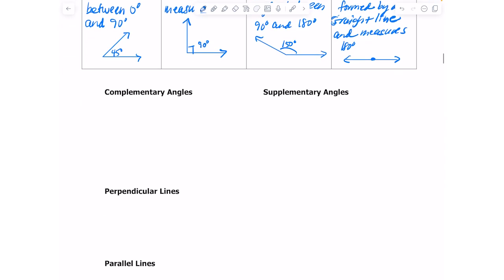Some more vocabulary that's important. We talk about complementary angles and supplementary angles. So anytime you have two angles that add up to 90 degrees, they're complementary.